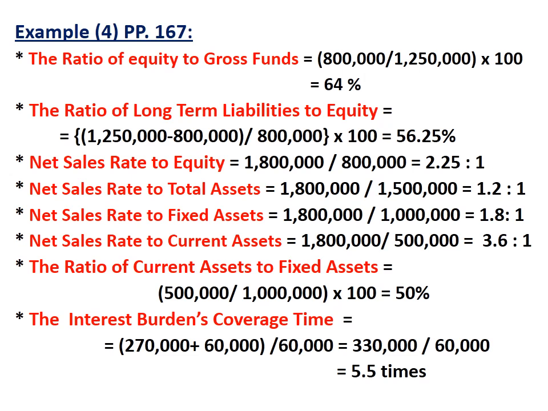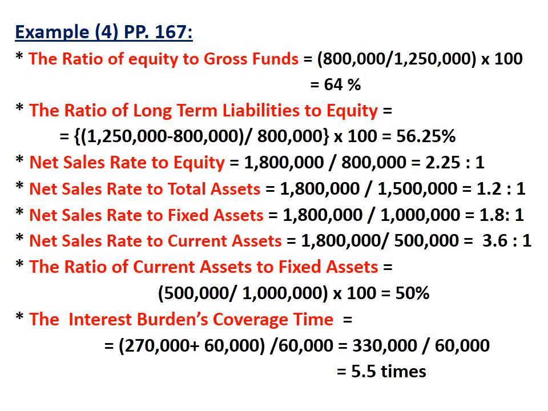Then we have example 4 related to invested funds. These are some ratios related to the funds invested, and this is example 4, page 167. Through the following available data with respect to a certain entity which is intending to request a bank credit, you are required to prepare the available ratios and rates related to funds invested.